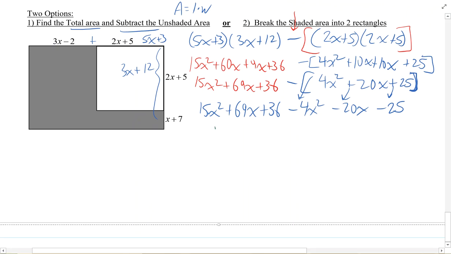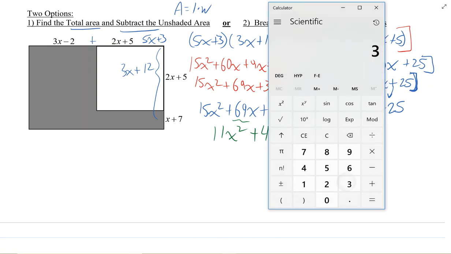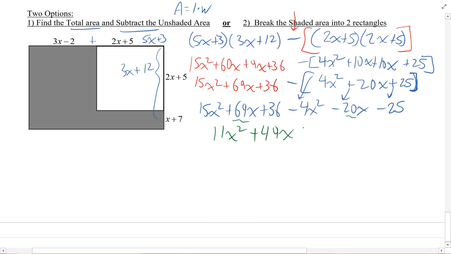So it would be 11x squared, 69 and negative 20 would be 49x. And then 36 minus 25 equals 11, so plus 11. Okay, so that's doing method number 1.